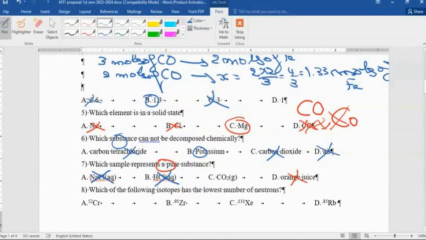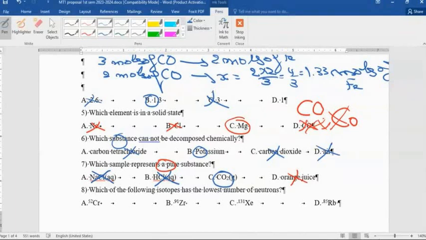So the pure substance is the compound carbon dioxide, and this one is my choice. I guess now it is easy and simple to answer this question.